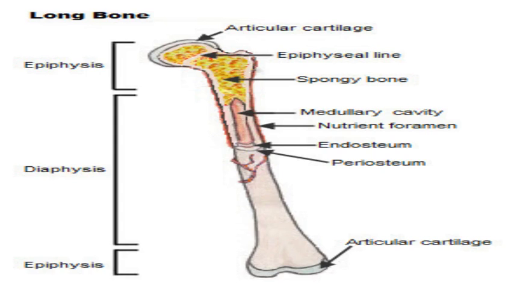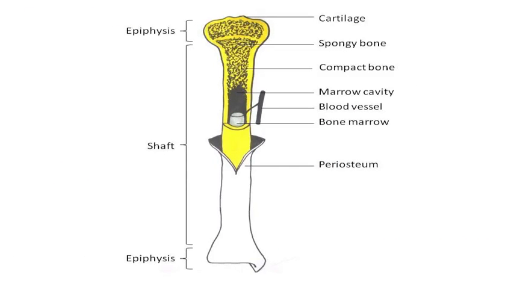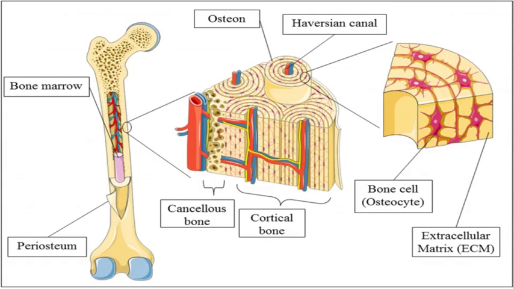Compared to woven bone, lamellar bone formation takes place more slowly. The orderly deposition of collagen fibers restricts the formation of osteoid to about 1 to 2 µm per day. Lamellar bone also requires a relatively flat surface to lay the collagen fibers in parallel or concentric layers.